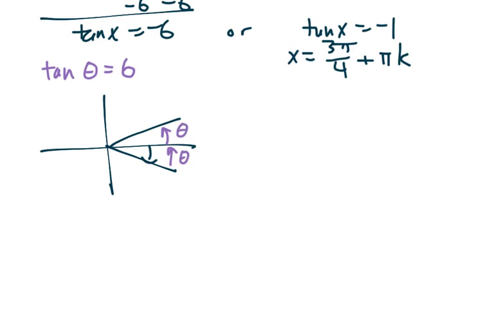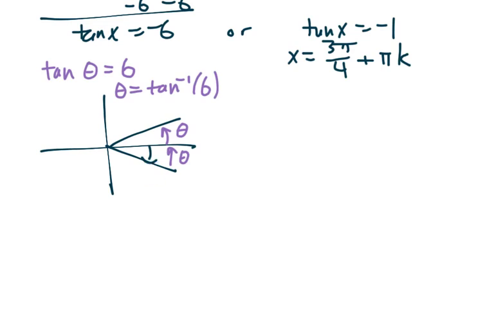This is also theta, but in standard position. If we know that this is in standard position, means it's in the first quadrant, that means that its tangent is positive. Hence, tangent of the reference angle is positive 6. So theta is the inverse tangent of positive 6. That's the reference angle. Now how do I get somebody in the fourth quadrant?